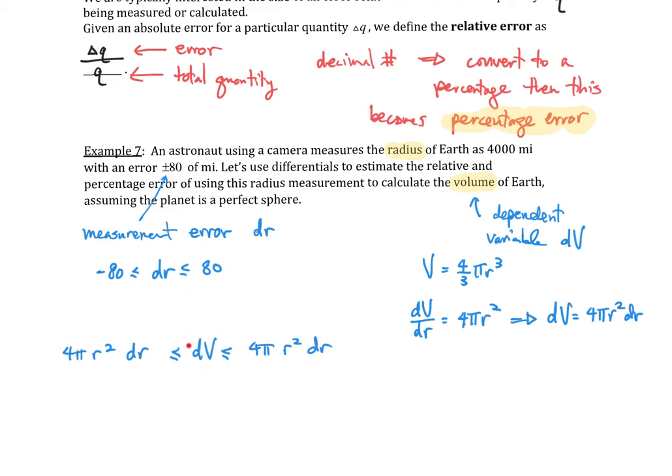And I want to bound the error dV in between those. Because I measured the radius to be 4,000, my r is 4,000. So let me substitute in the relevant numbers. I'm going to get 4 pi times 4,000 squared times negative 80. That's going to be the lower bound for dV. And the upper bound for dV is going to be 4 pi times 4,000 squared times 80.